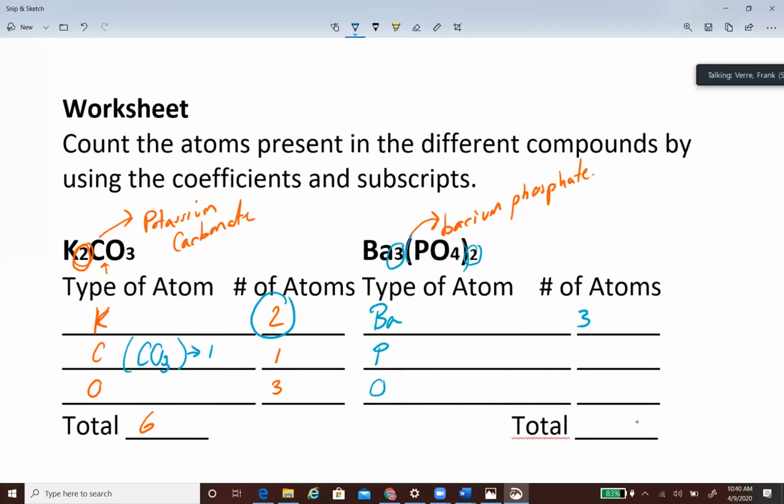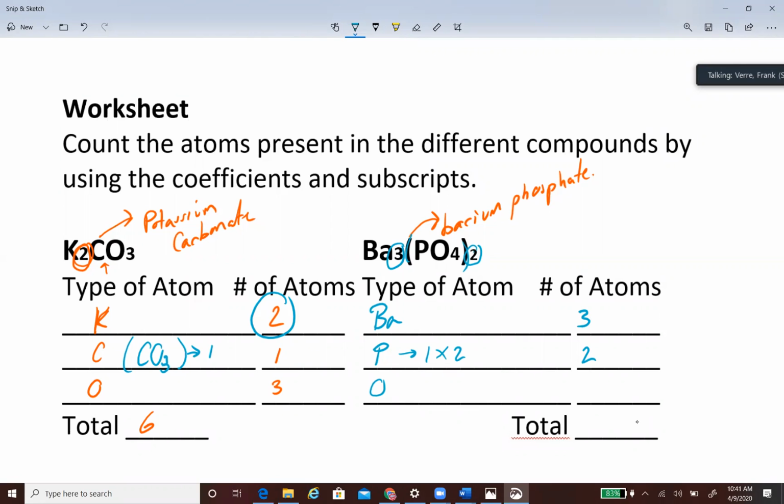So if I look at phosphorus in the bracket, you'll notice that there's a 1 because there's nothing there. So that means 1. But there's a number outside the bracket. So that's a multiplier. So that means we have 2 phosphorus, I apologize, 2 phosphorus. We do have 2 phosphate, but we're looking at P, phosphorus, okay?